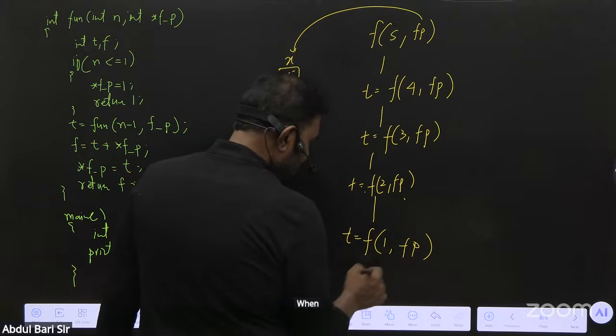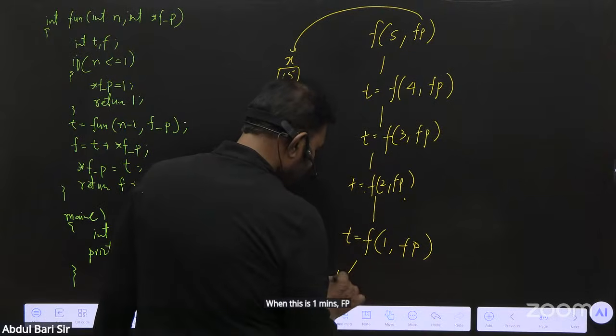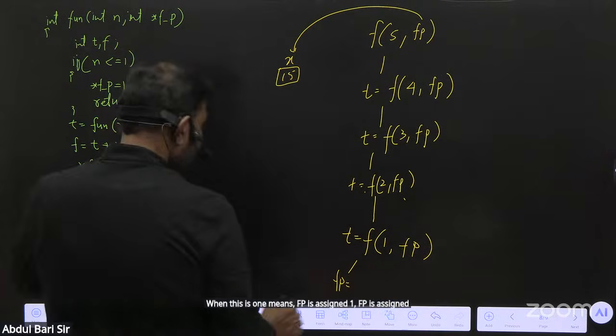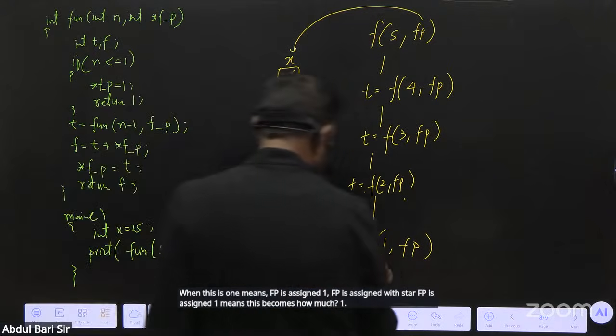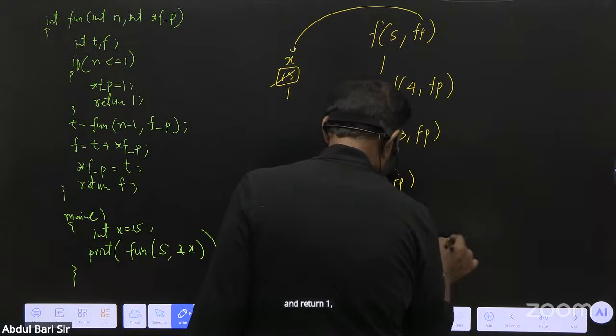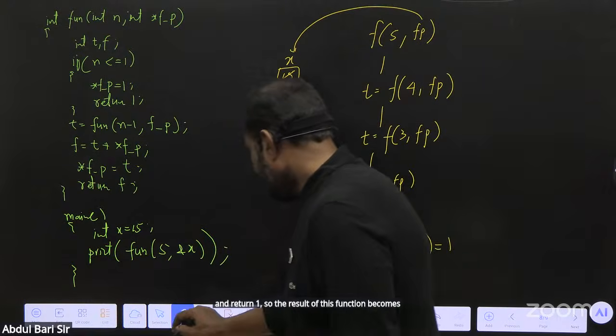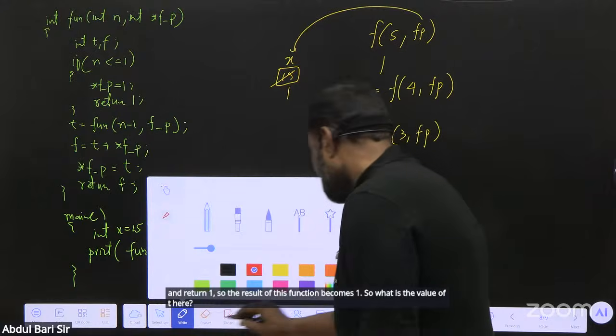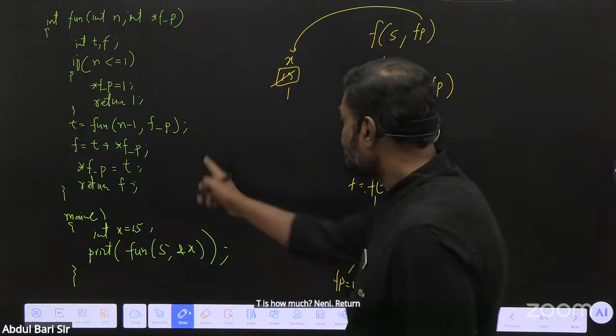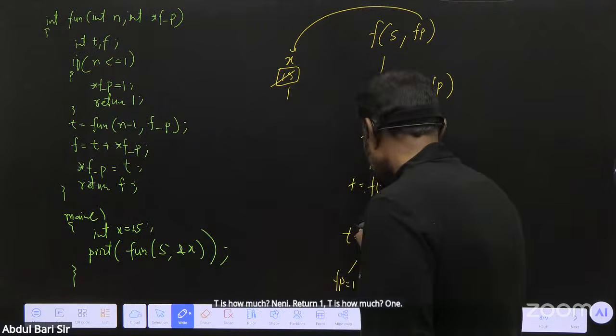When this is 1, star fp is assigned 1, so this becomes 1. And return 1. So the result of this function becomes 1. So what is the value of t here? Return 1 now. t is how much? 1. t is equal to 1.